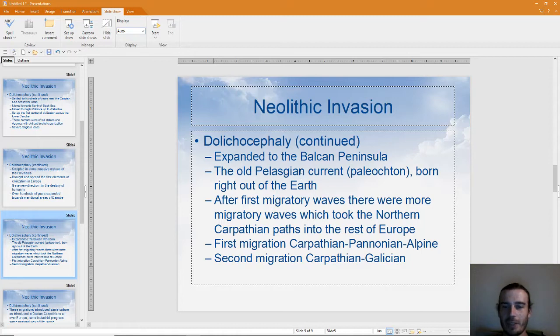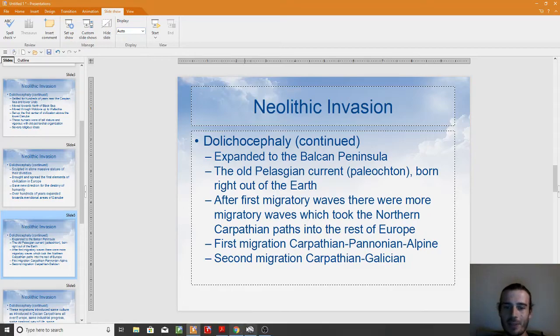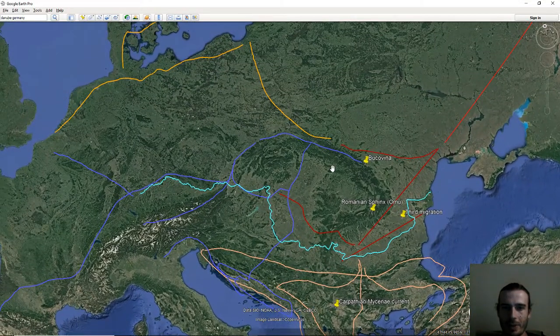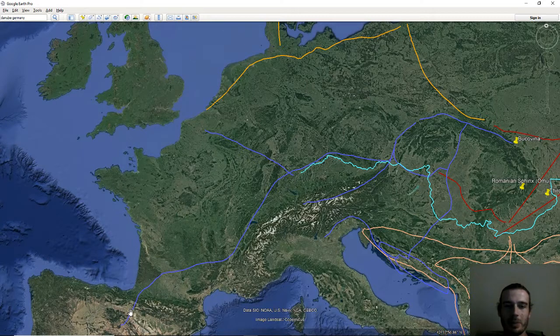After their first migratory waves, there were more migratory waves which took the northern Carpathian paths into the rest of Europe. And that is represented by the blue lines. So they went north of the Carpathians, followed the course of the Danube, then they went towards Germany, some of them went towards Spain, again at the base of the Noric Alps, this is what they were called, this mountain range, the Alps of today.